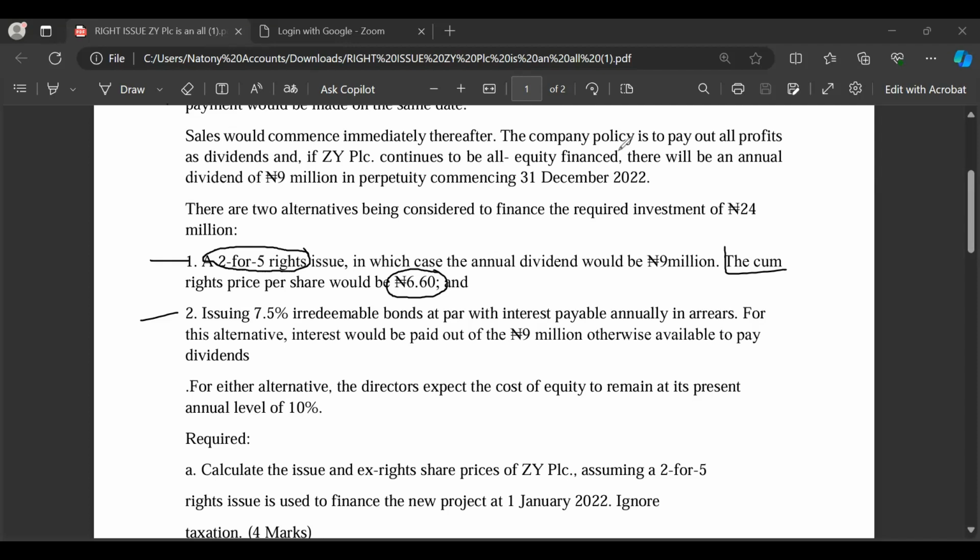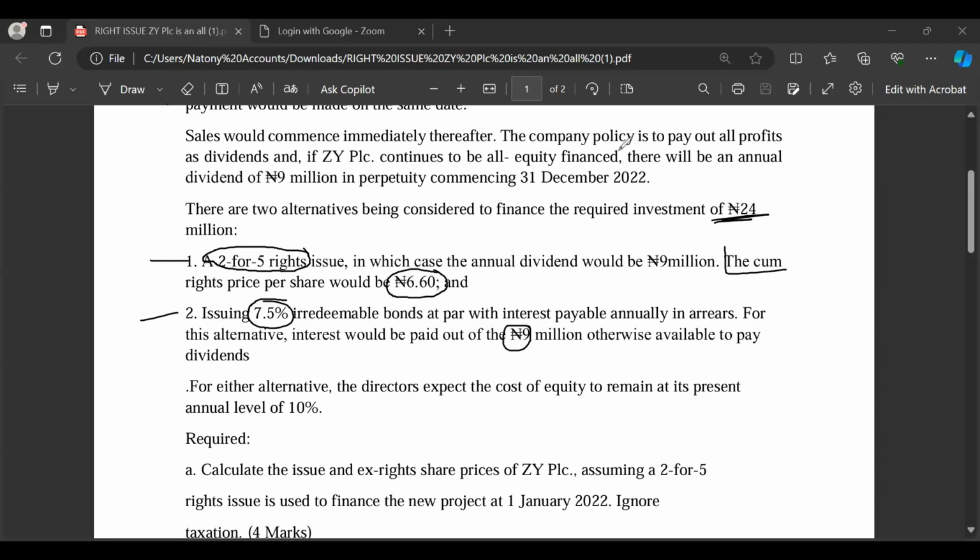So if the company financed the project by borrowing, the company cannot pay dividend of 9 million because the company will need to pay finance cost of 7.5 million on the 24 million borrowed to finance the project.